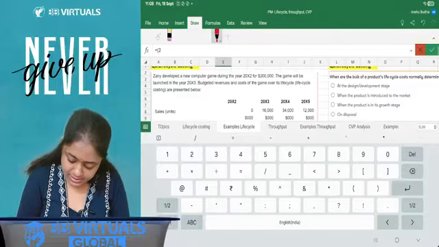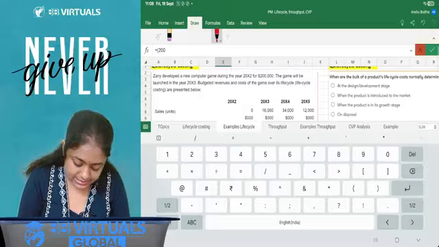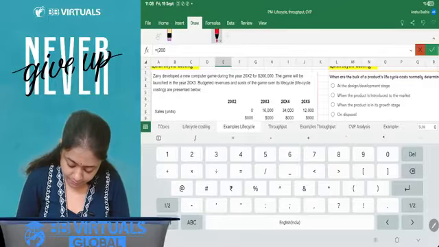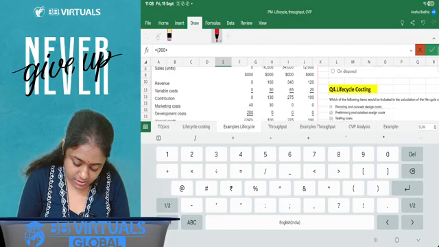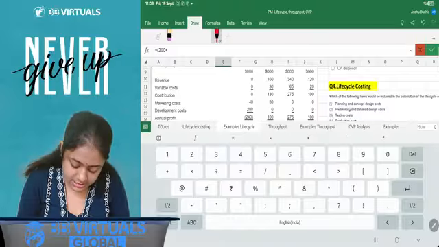I will take the figures in thousands. 200, that is the cost of development. Plus, now take the entire cost. So we have here variable cost 30, 65 and 20.